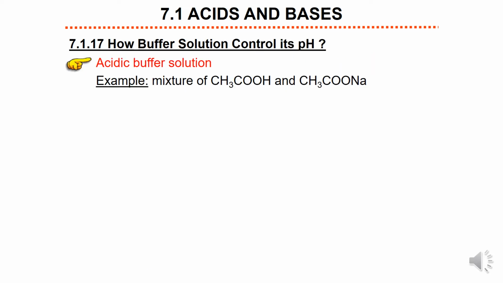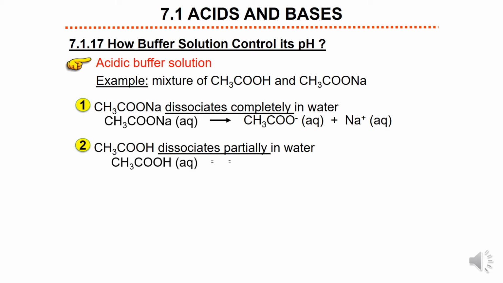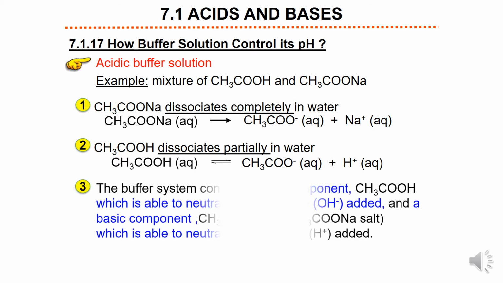How does a buffer solution control its pH? Example, we have a mixture of acetic acid and sodium acetate. Sodium acetate dissociates completely in water to produce acetate ion and sodium ion. Acetic acid dissociates partially in water, producing acetate ion and proton.